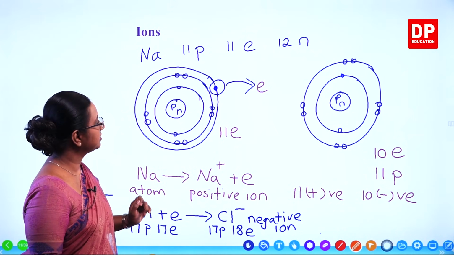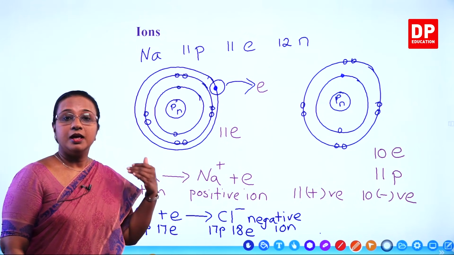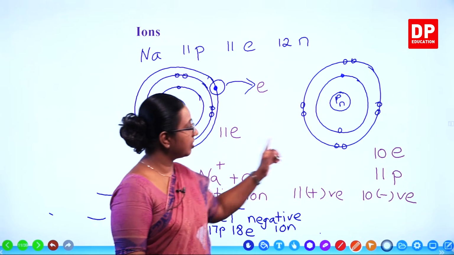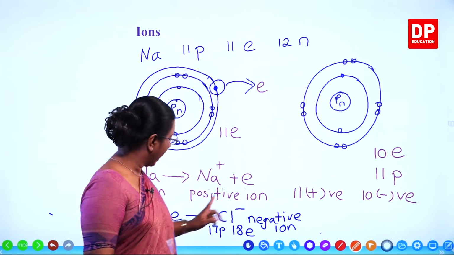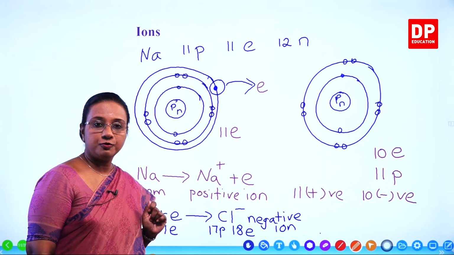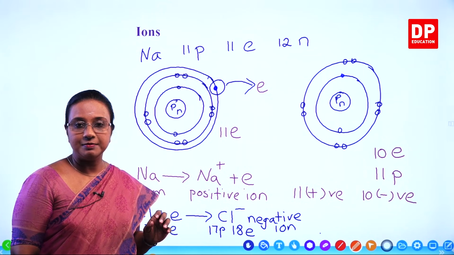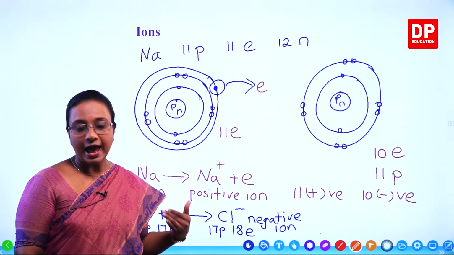So, as you can see, when sodium and chlorine are involved in chemical reactions, the number of electrons is changing. Sodium is losing electrons and chlorine is gaining electrons. Therefore, the number of electrons in a particular element is only fixed when it is a neutral atom.